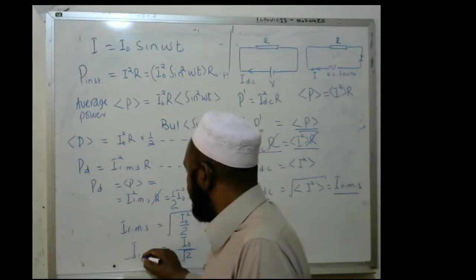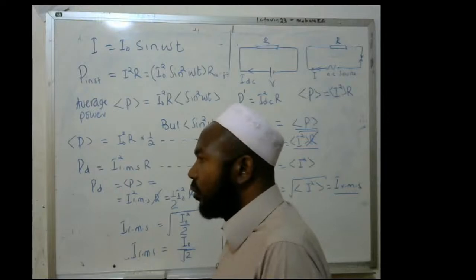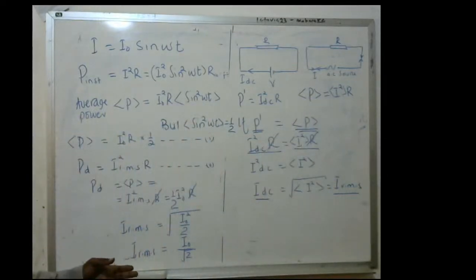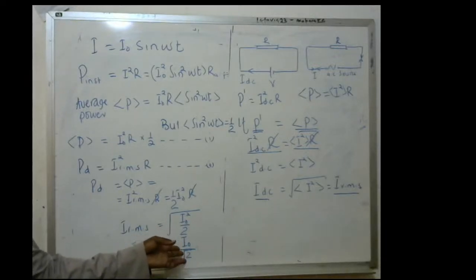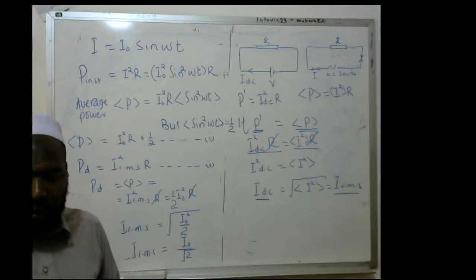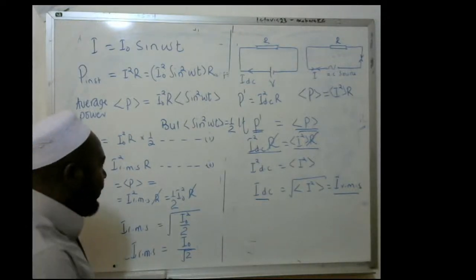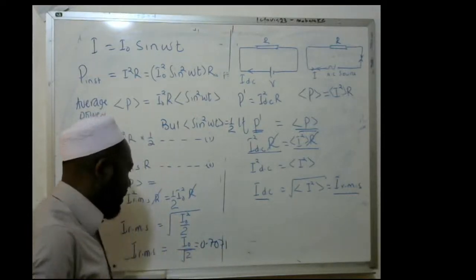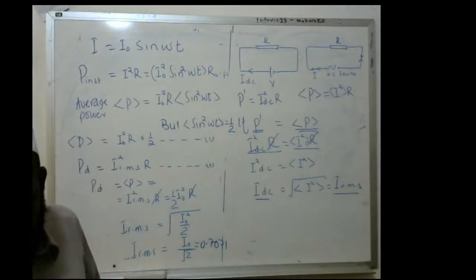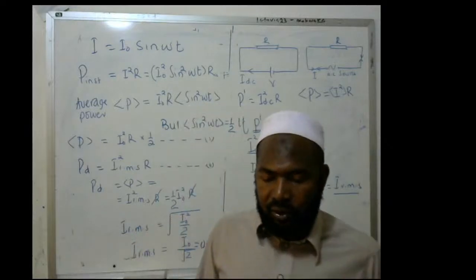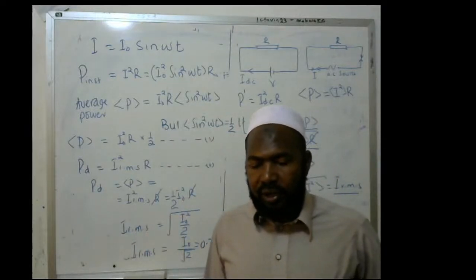So the relationship between the root mean square value of current and the peak value of current is I RMS equal to I naught over root 2, which if you compute, will be giving you 0.7 I naught. So that is how we can derive an expression for the root mean square value of alternating current in terms of the peak value.